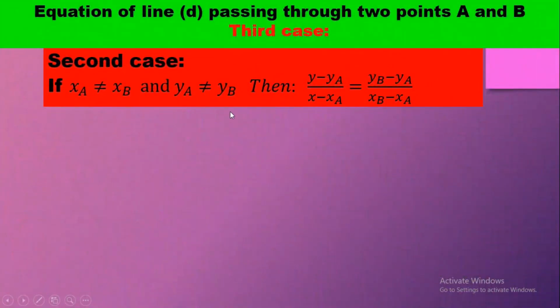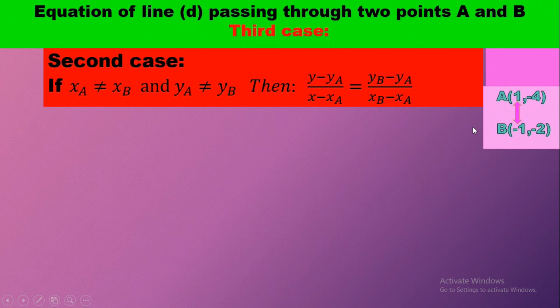Let's see together. In the second case, if we have XA different from XB and YA different from YB, let's see an example to understand more. As you see here, XA is 1, XB is minus 1, different from each other. YA is minus 4 and YB is minus 2. They are also different from each other.